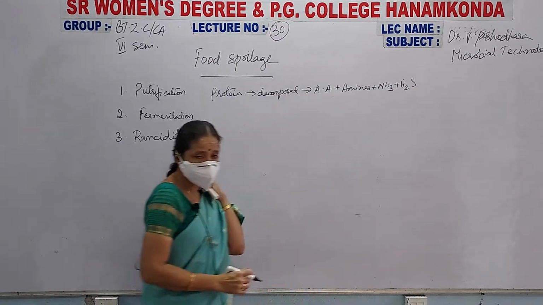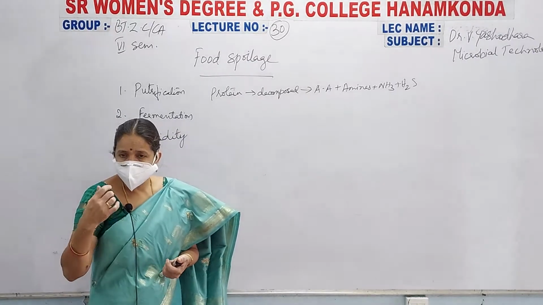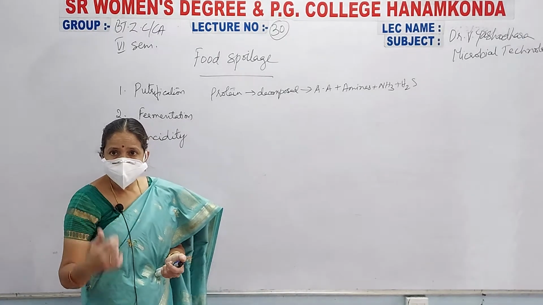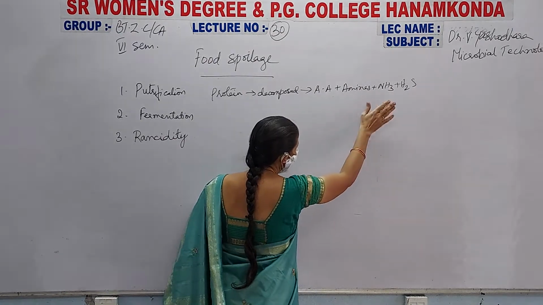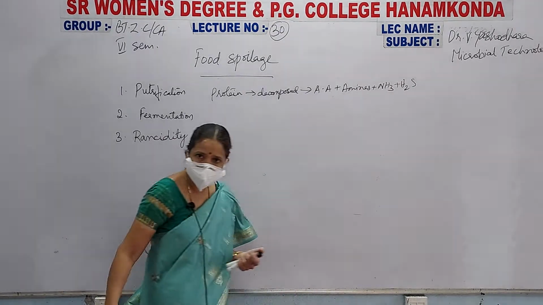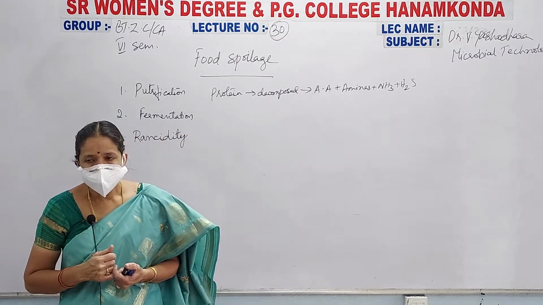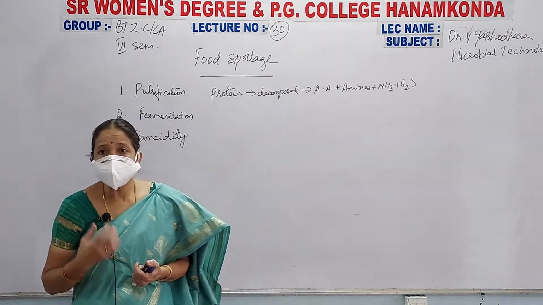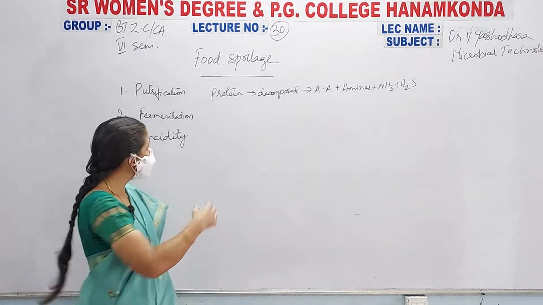That means the protein content present in protein foods gets decomposed or spoiled to amino acids, amines, ammonia and H2S gas. That is the reason it gets a foul smell. Examples are meat, fish, milk. Okay, these are the proteins.